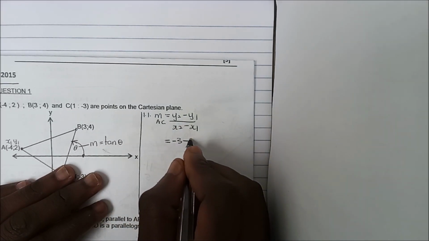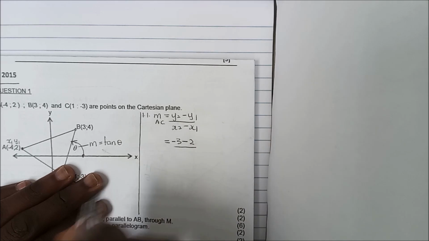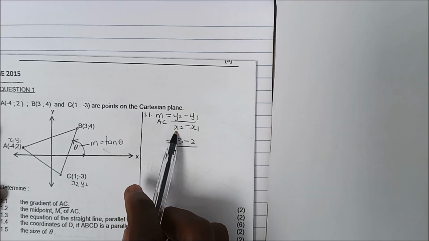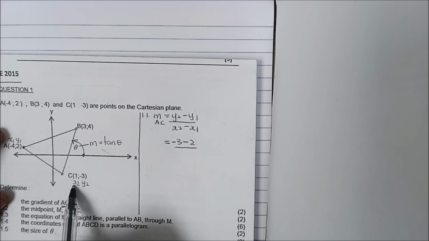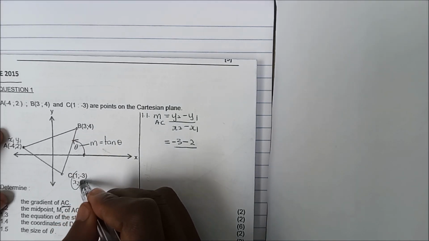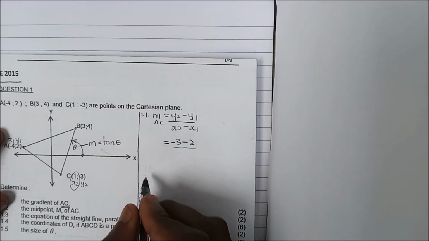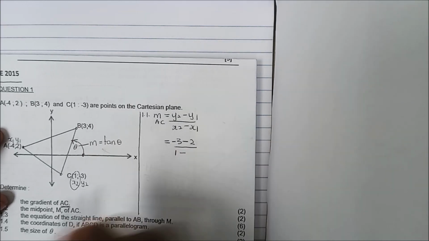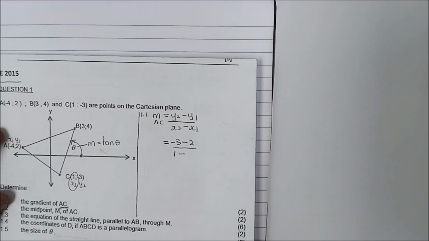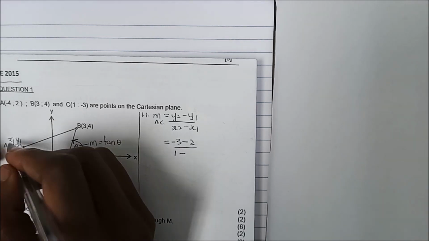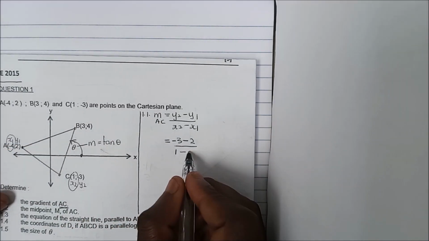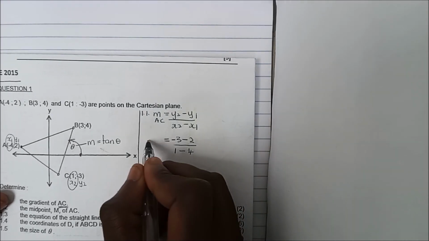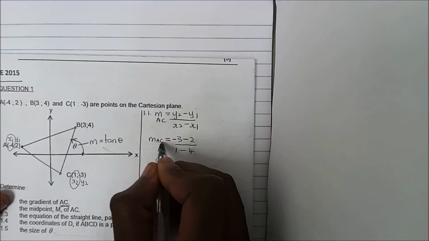So we have -2 all over. What is our x2? We go to the naming. Our x2 is 1. So we have 1 minus, and then what is our x1? We go to the naming again. There is our x1. That is -4. So we have -4. Now this is the gradient of AC.